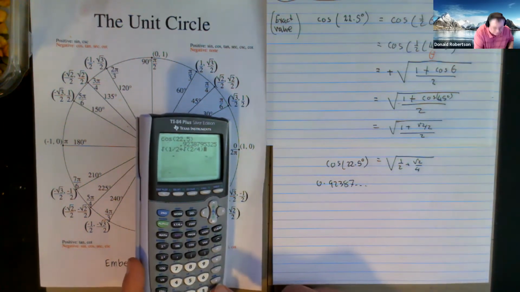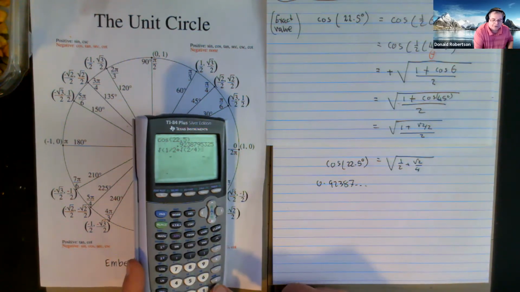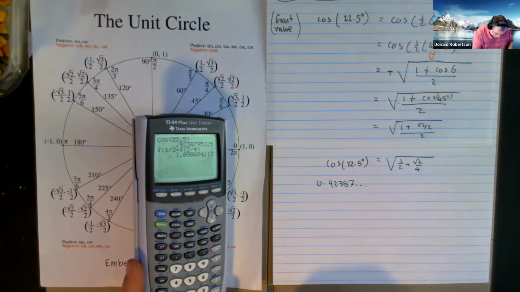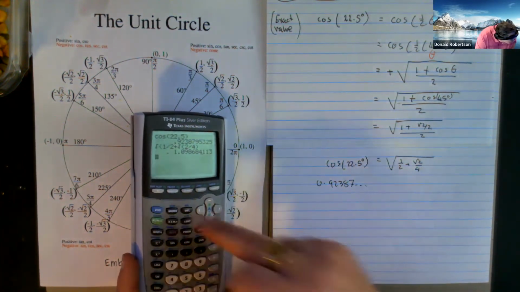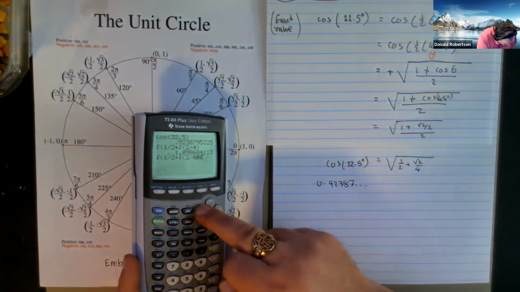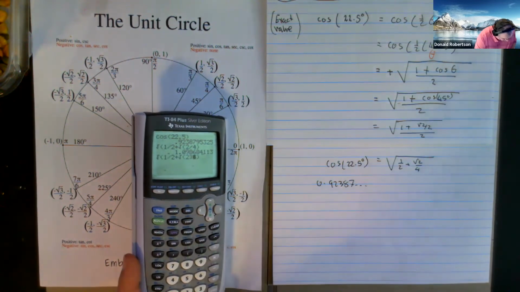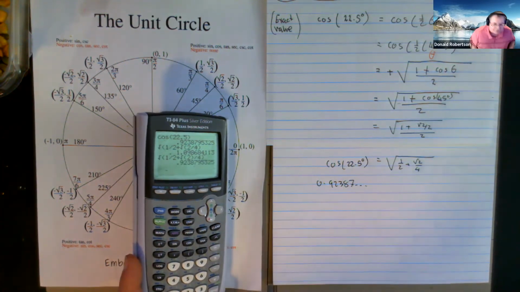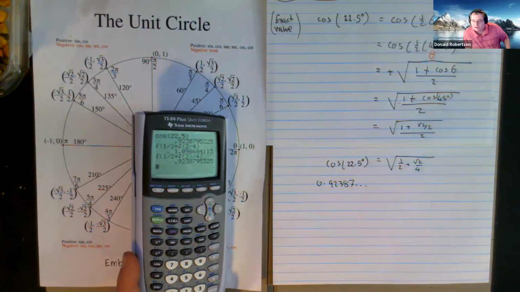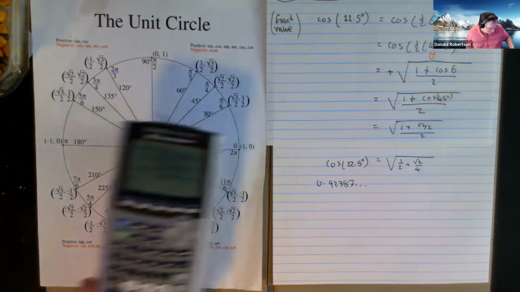When I hit enter, I want to see 0.923 and all the other stuff. And what went wrong? Oh, I forgot to put a bracket around it. It's the square root of 2 finished, divided by 4. There you go. Can you see the 0.92387? So I know it's worked.